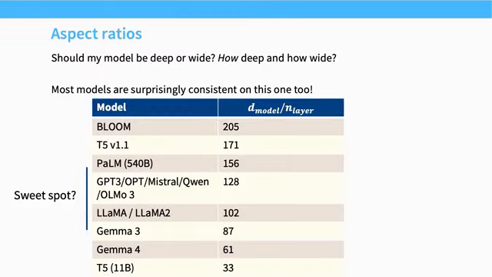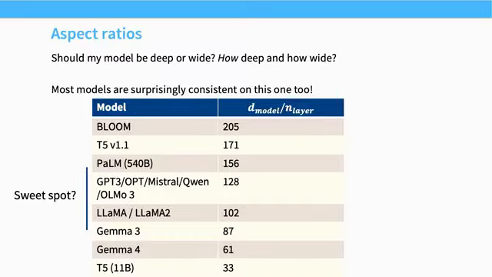Now, you might wonder, how deep should my model be? If you've been following all this stuff on reasoning and so on, you might think I need a really deep model, or a really shallow model if I want systems utilization. You might think that there's a lot of variation. And there is a lot of variation, much more so than other hyperparameters. But there's actually a fairly clear sweet spot that most modern models fall into.